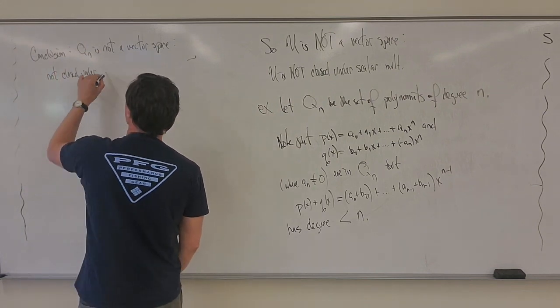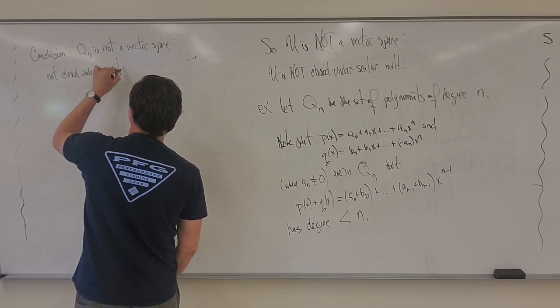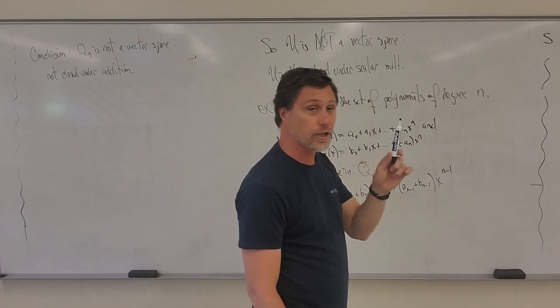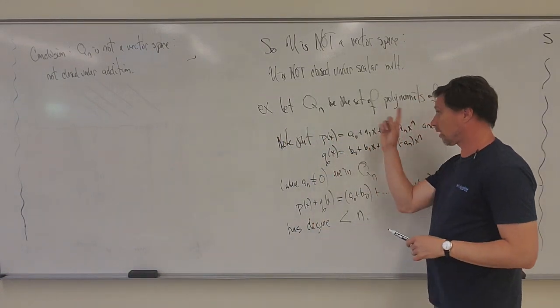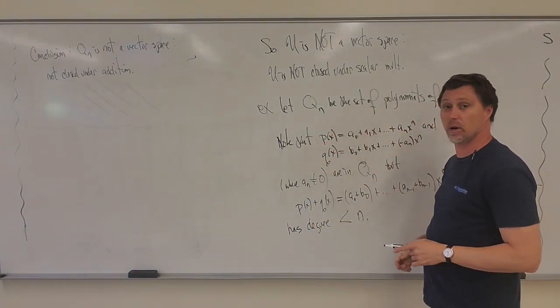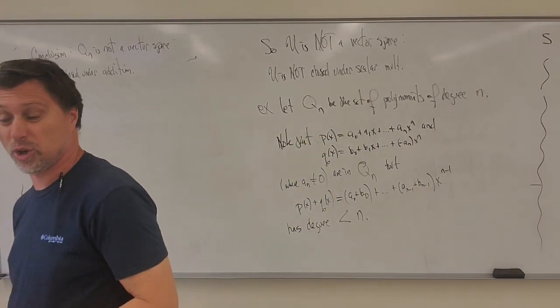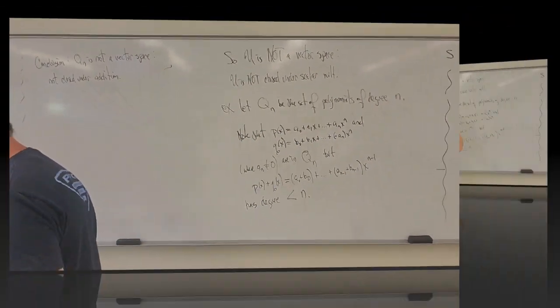It's also not closed under scalar multiplication because you can multiply by 0, right? You can multiply p of x by 0. And what do you get? You get the 0 polynomial, whose degree is definitely not equal to n.